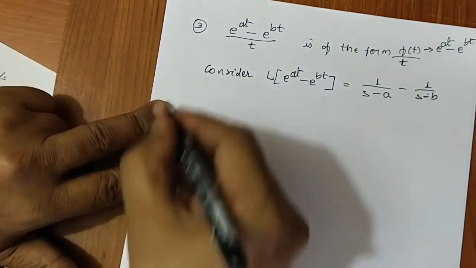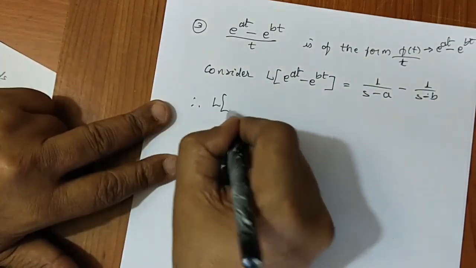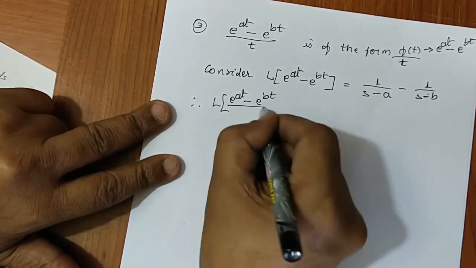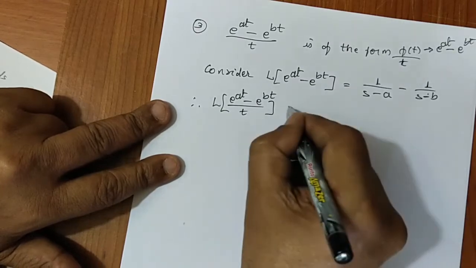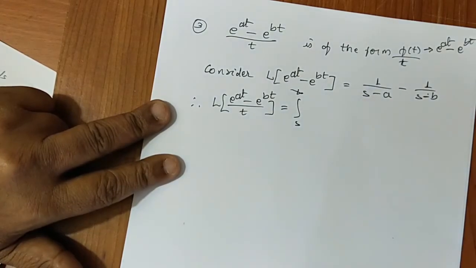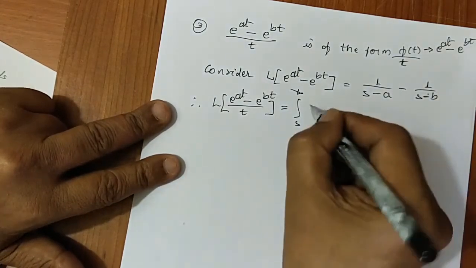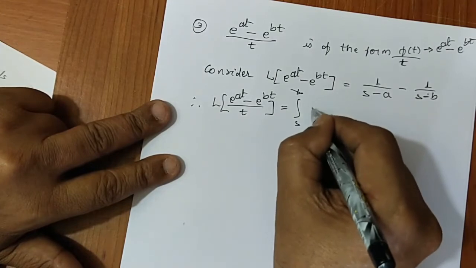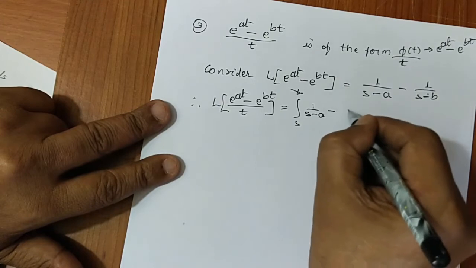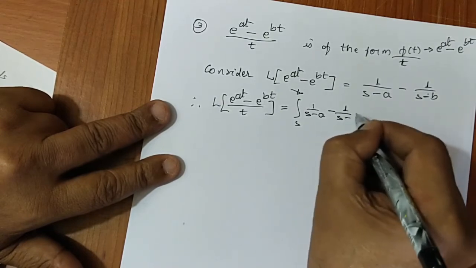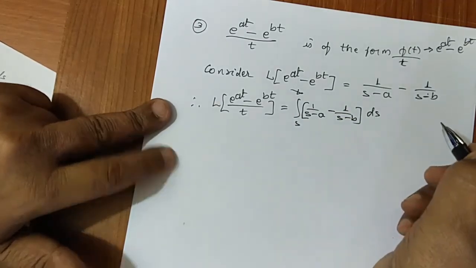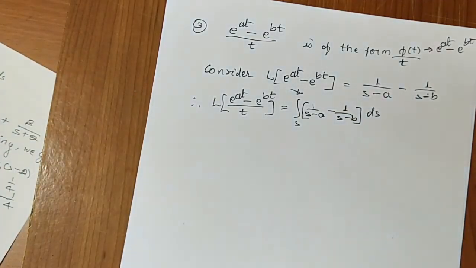So therefore, L of e raised to at minus e raised to bt by t will be, by the property of f of t by t, the integral of 1 over s minus a minus 1 over s minus b ds. I have to integrate this with respect to s from s to infinity.